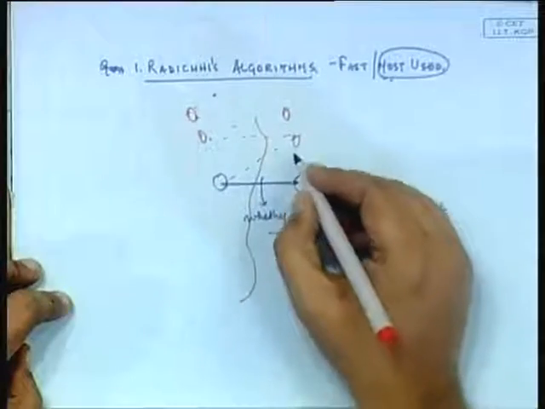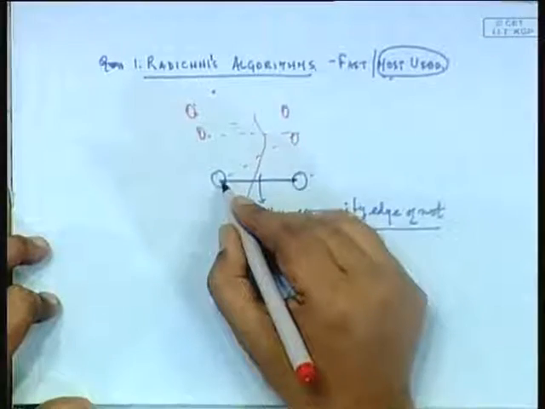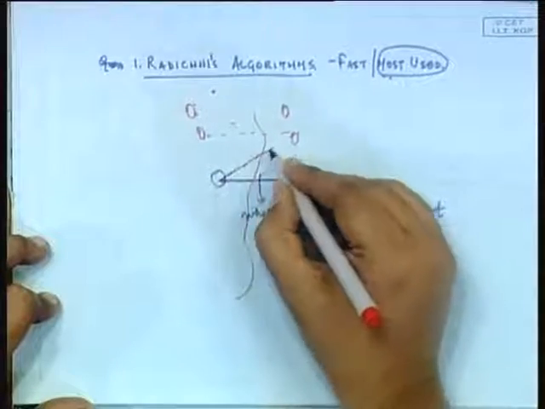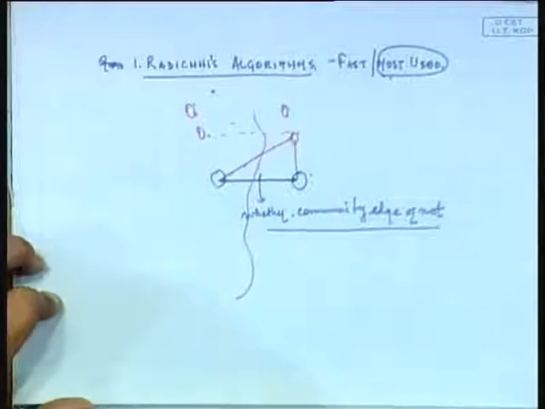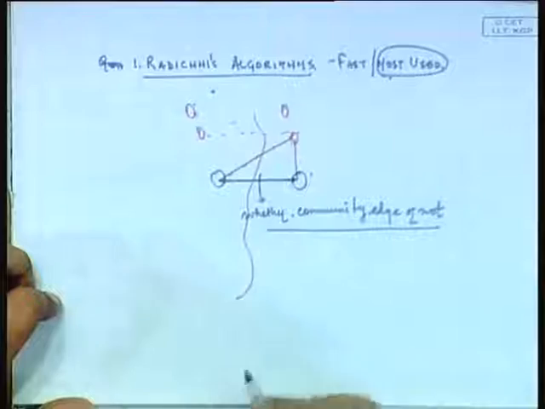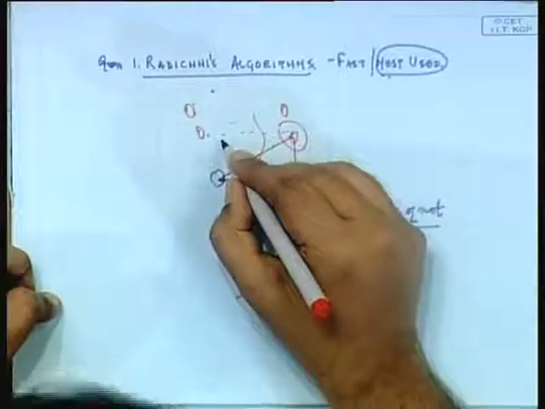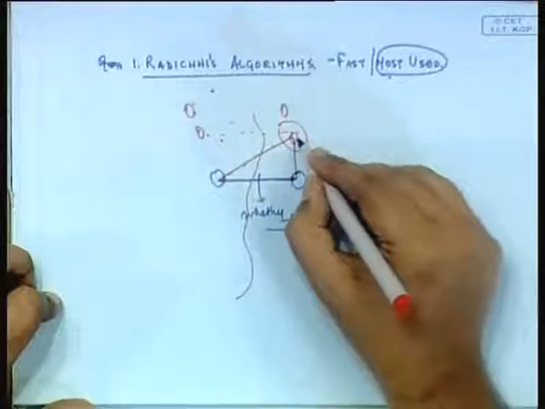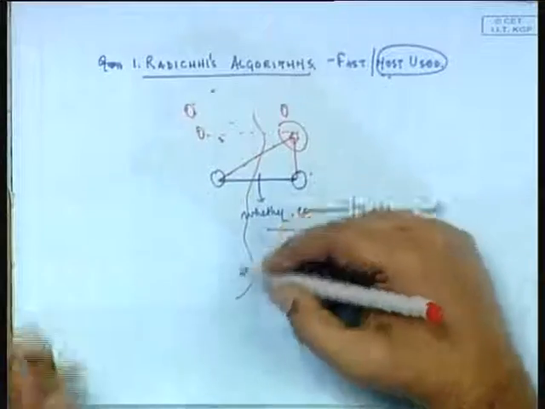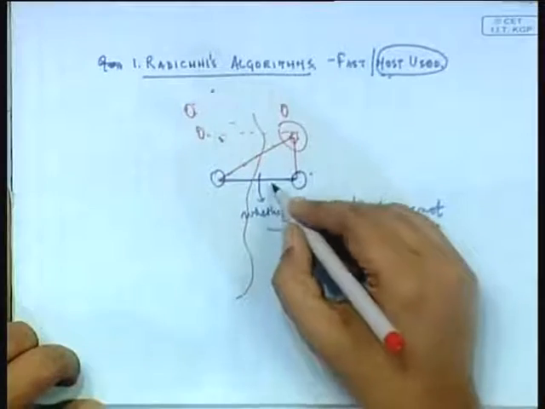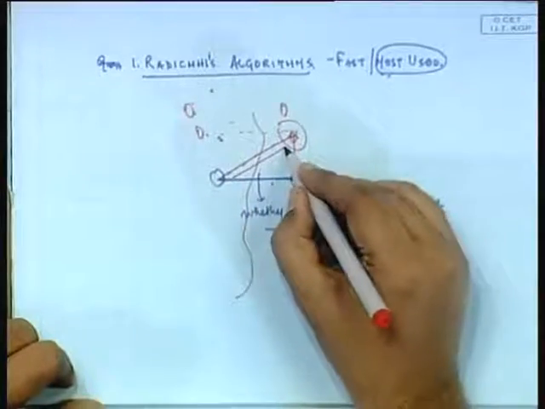Now, in this Radicchi's algorithm, the assumption is that this node is part of many triangles. Consider this is a triangle. If this is part of a triangle, then this node should be here or here. It can be either in this community or in this. In both cases, there is another bridge other than this bridge. If this node is here, then there is this bridge.